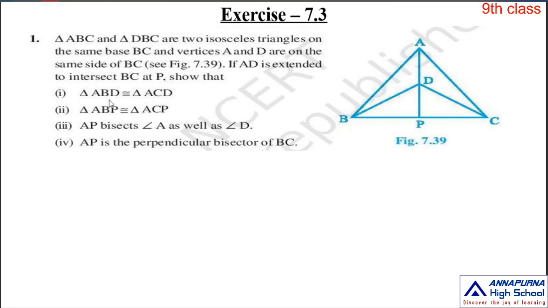First condition, triangle ABD is congruent to triangle ACD. Second condition, triangle ABP is congruent to triangle ACP.